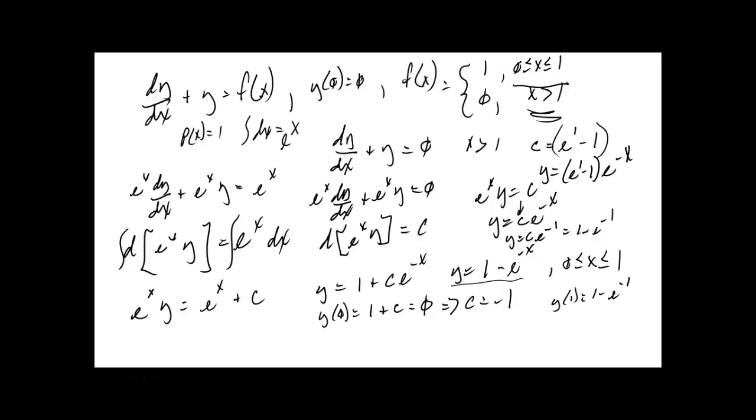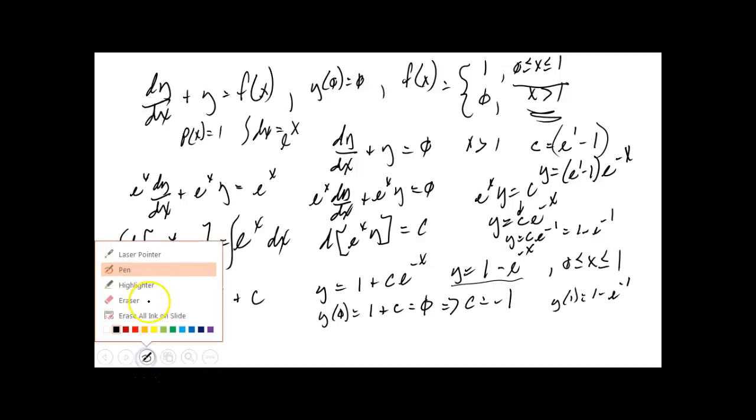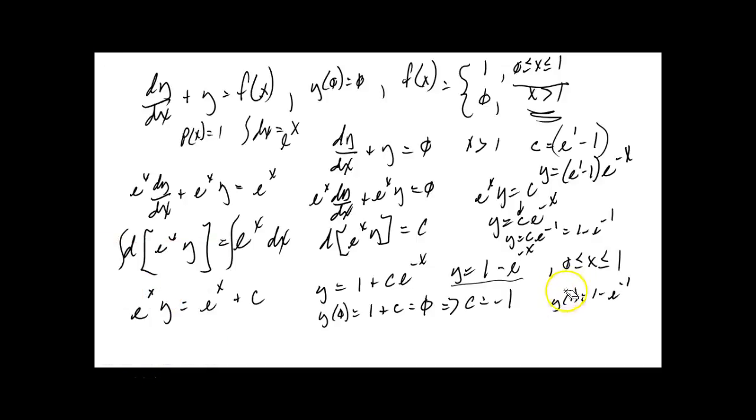So for x greater than 1, we have, I just don't have enough room to write. So since we've already used this, let's get that out of there. And we can take this out of there too.